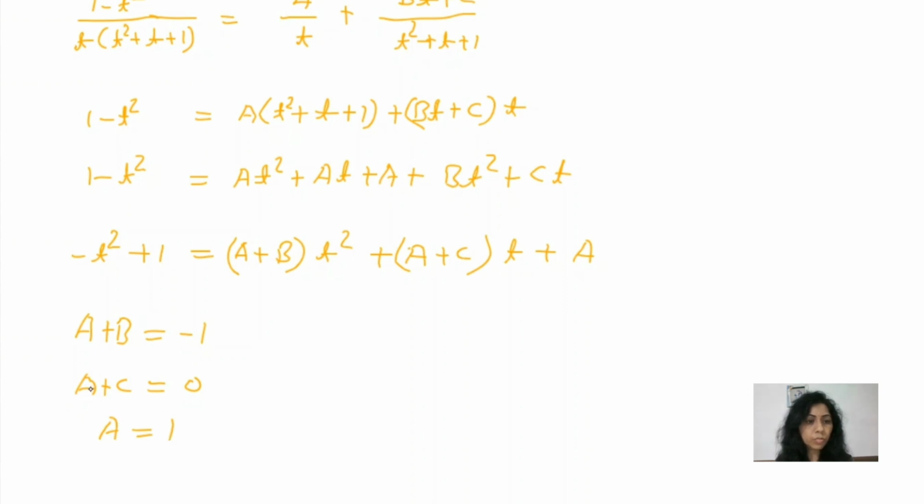When we put a as 1, c will be minus 1. And putting a value 1 in a plus b equals minus 1, we transfer it across, negative 1, negative 1, negative 2. It means b value is negative 2. So we got a value 1, b value minus 2, and c value minus 1.